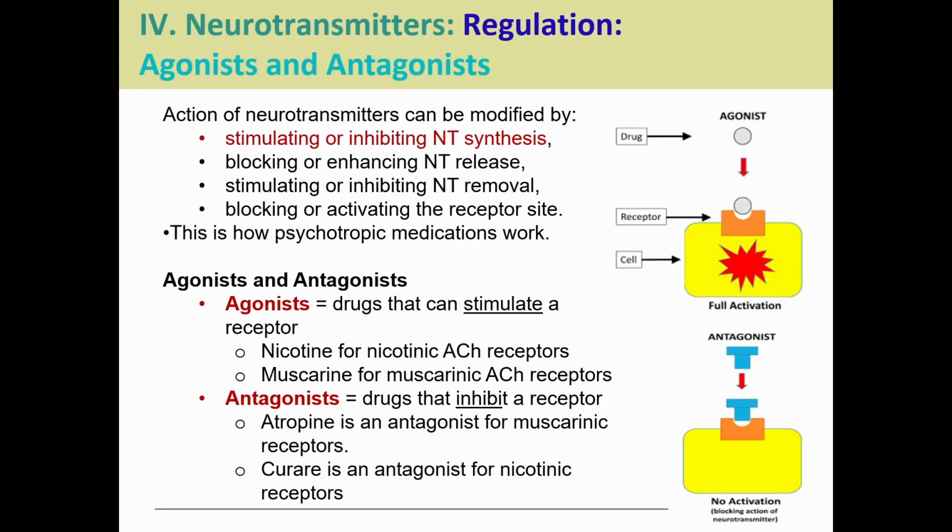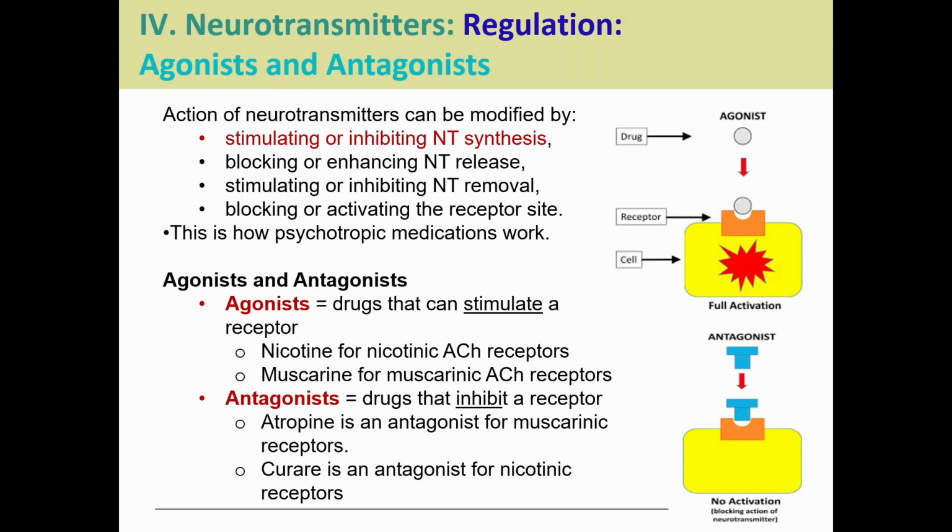Now, in terms of regulating these transmitters, we have agonists and antagonists. When we think about a neurotransmitter and the actions that can be modified, we can stimulate or inhibit the neurotransmitter from being made. If the neurotransmitter is not there, then it can't do its action. If we need it, we can make it. We can block or enhance its release, so block the release of the neurotransmitter or push for it to be released.